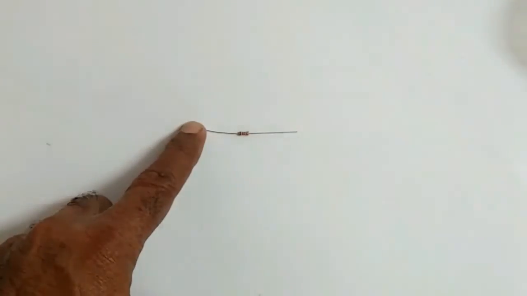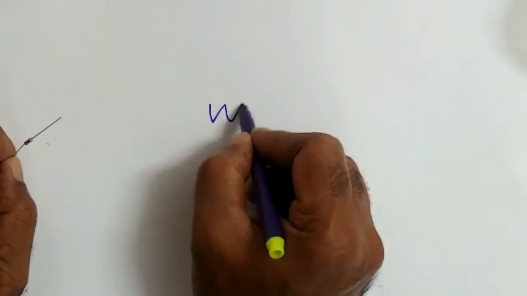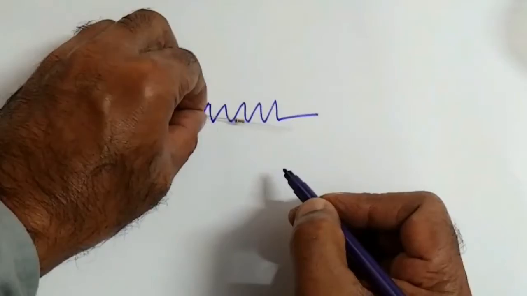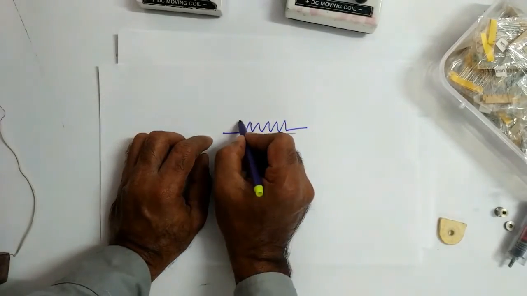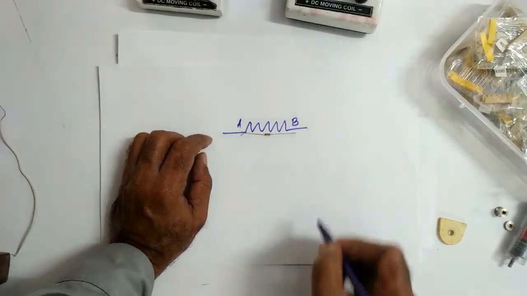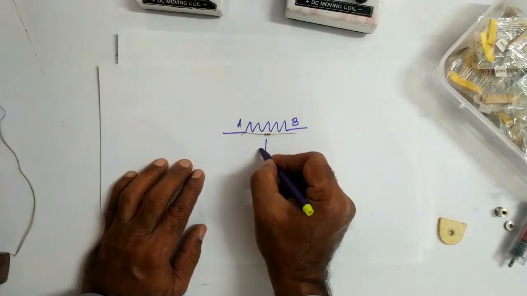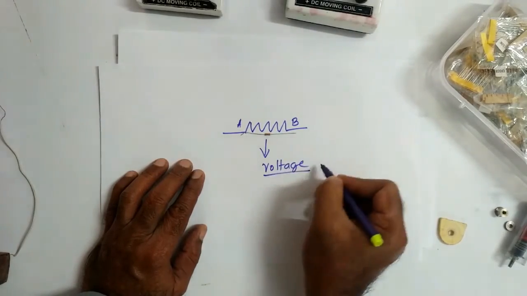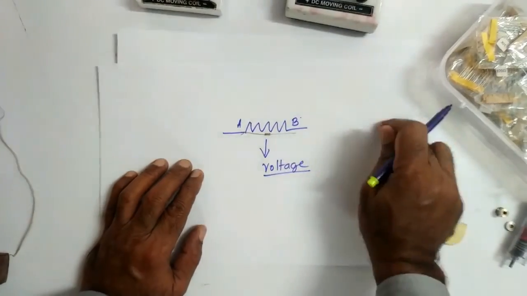Now this resistance or resistor is given a symbol like this, as I already told you. And if this is a resistance, it has got 2 points, right? Let's say this is point A and this is point B. Now we have to find out what is voltage. And voltage is always between 2 points. We should not say voltage at this particular point.